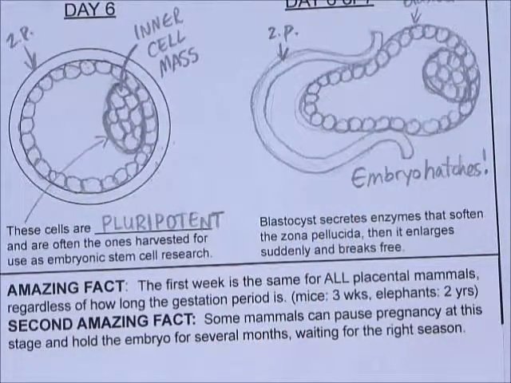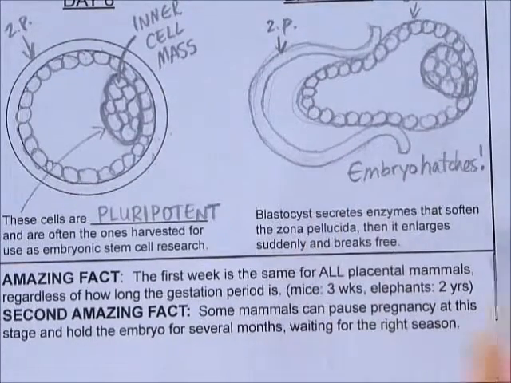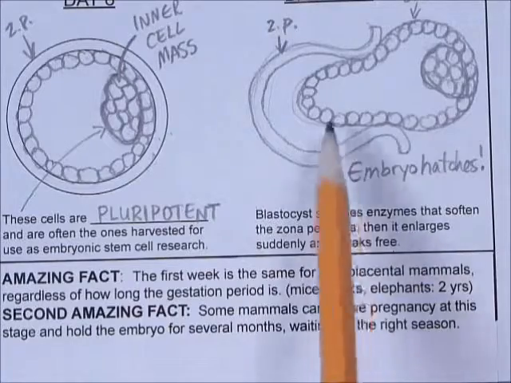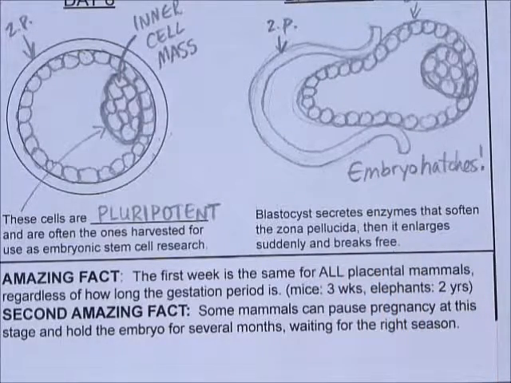But for the small mammals, now, of course, when a mouse is born, it doesn't have hair and its eyes aren't open, so it's kind of half formed, so that's maybe a little bit cheating. However, there are some other mammals with pretty short gestation periods and they come out completely formed. So it's pretty amazing that this first week would be the same. You'd think that it would be a lot shorter.